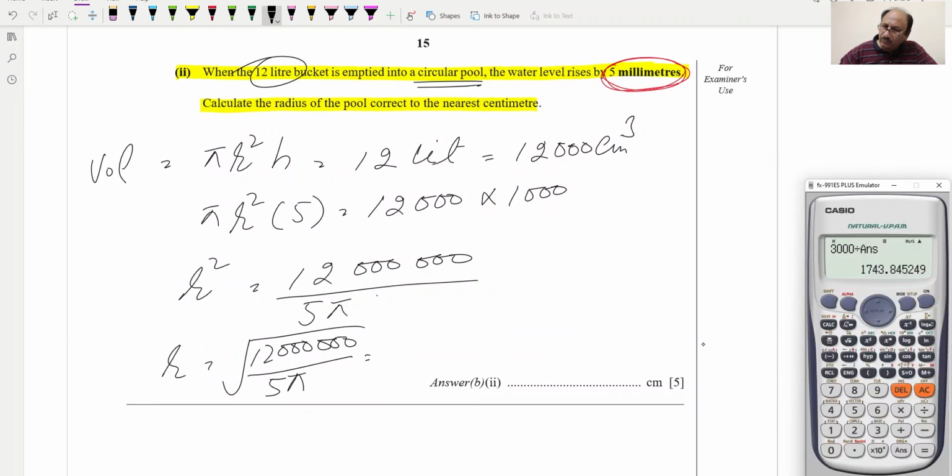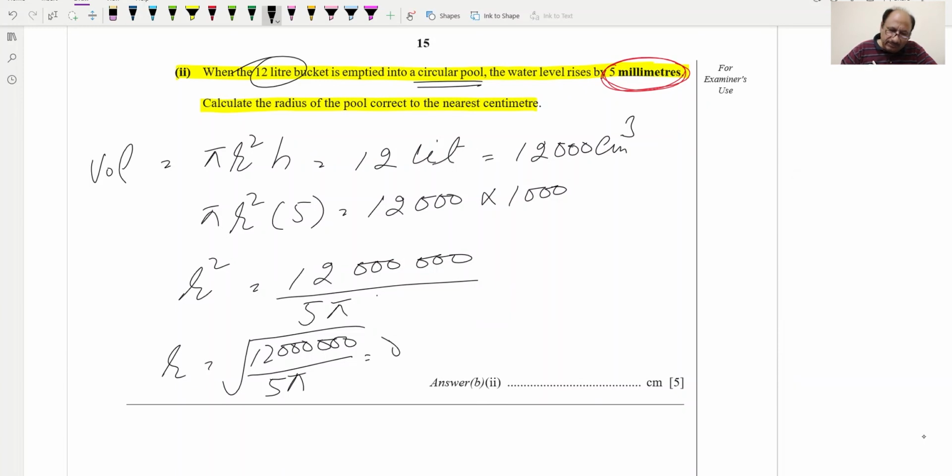If we calculate, this is giving us 874. Basically this is millimeters, not centimeters.